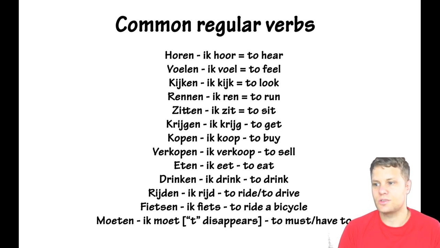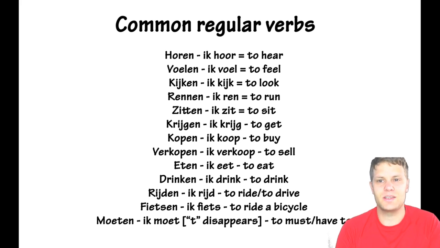Rijden, ik rijd means to either ride or drive. So there's no difference. If you say ik rijd op een paard, it's I'm riding a horse. But if you say ik rijd de auto, then it means I'm driving the car. Fietsen, ik fiets, it means to ride a bicycle. So they have a separate word for that. To ride a bicycle is fietsen.